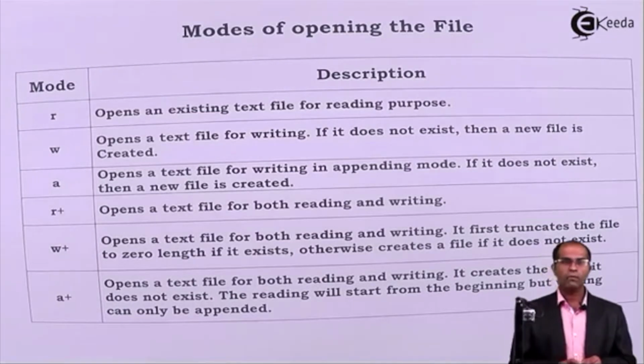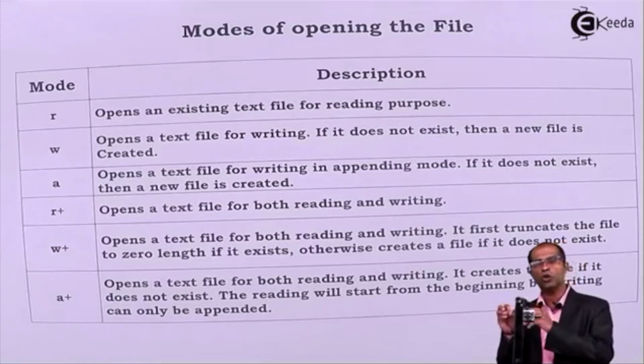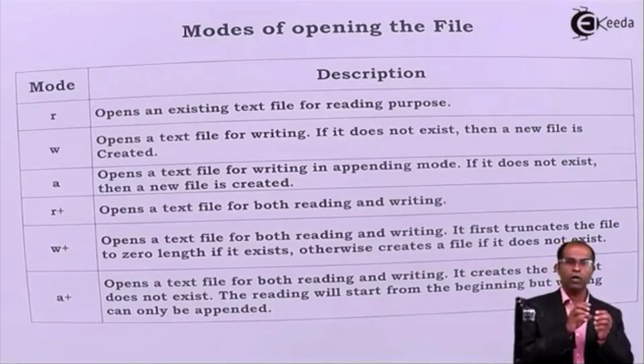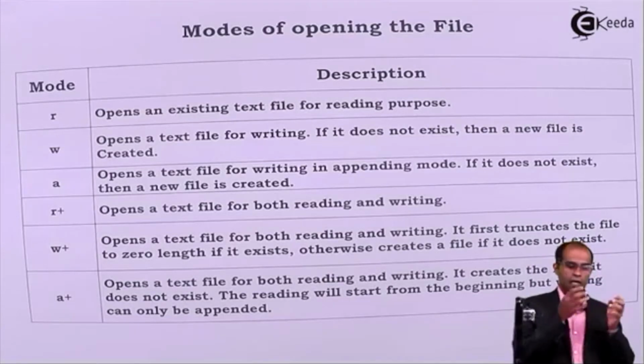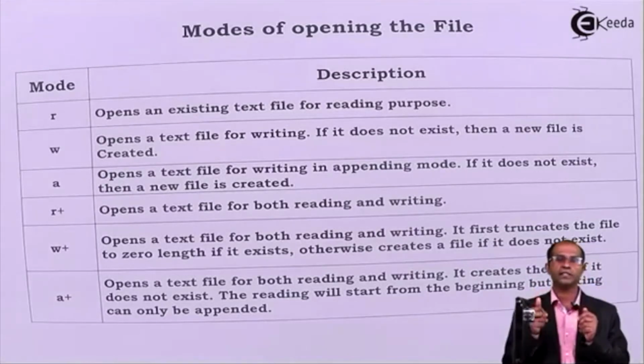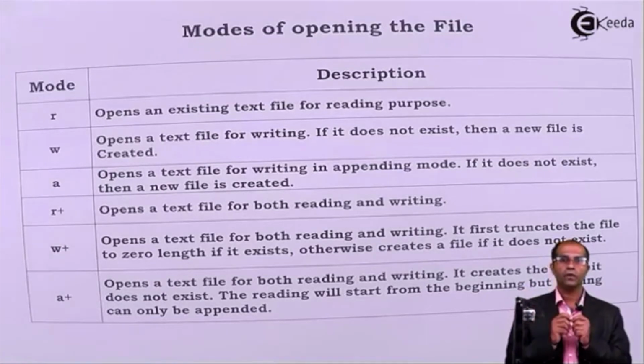So basically, I'm now trying to open a file which is already stored on your hard disk. The way in which you store a program, you have created the input in a file format and you have stored this file on your system. And I want my program to read the input from this, hence I'll give R. So R opens an existing file for the operation called read.